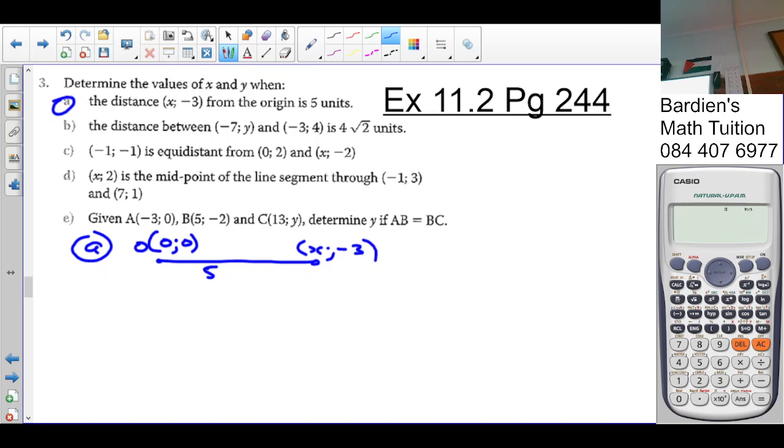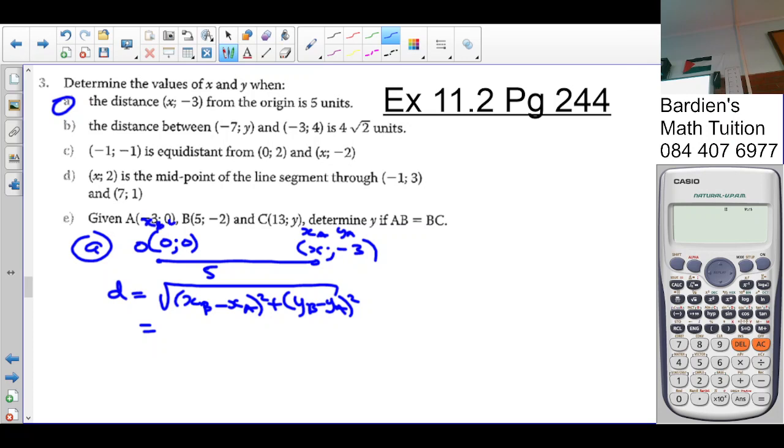Okay, so what we do, distance formula. So the distance formula is going to be the square root of x2 minus x1... The formula you guys are using is xb minus xa, no? Squared plus yb minus ya squared. So if you make this the first point, that makes this xa, ya, xb, yb.